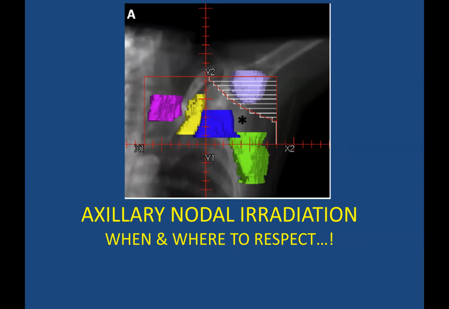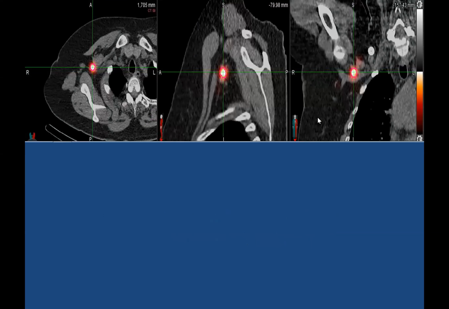If the surgeon has adequately addressed the axilla, never ever treat the axilla. Or if we want to treat the axilla or other areas, try to reduce the radiation toxicity to the axilla. So the radiation oncologist should clearly know the anatomy of the axilla and when and where to respect.